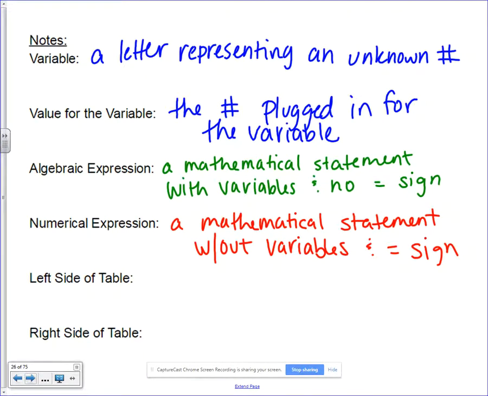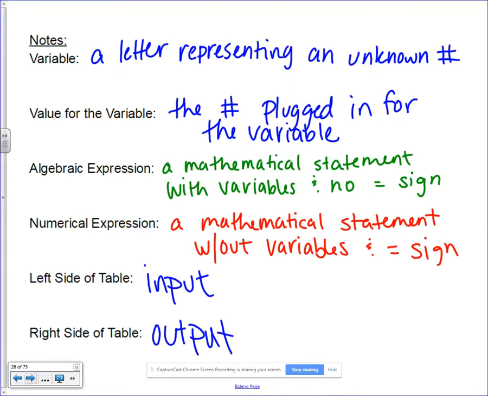Okay. Now, we're dealing with tables, and if you look at every single table that you've got on there today, all of them have two columns. There's a left side and there's a right side. Everybody good on that? The left side is the input. Those are the numbers that you're multiplying or you're plugging in. Which means, what's the right side? The output.